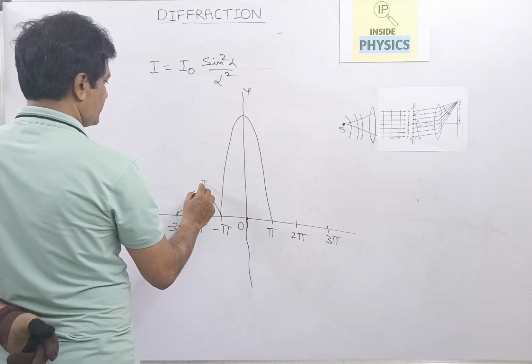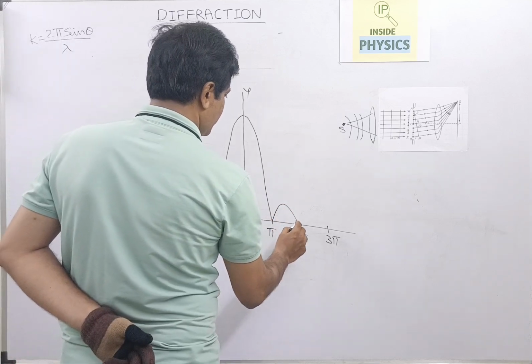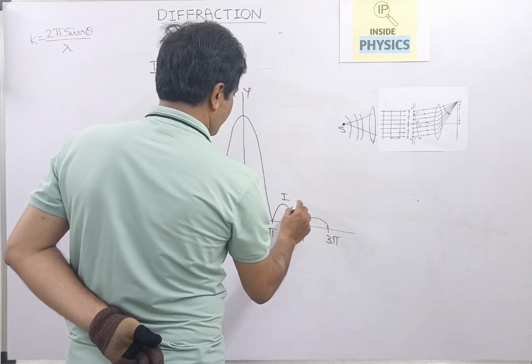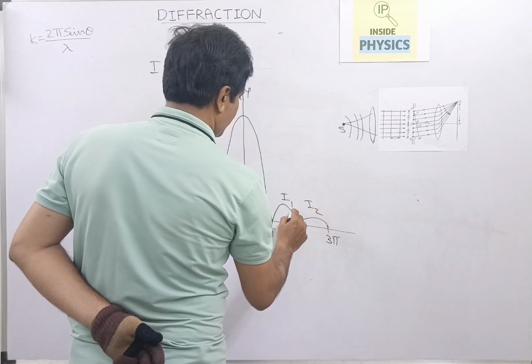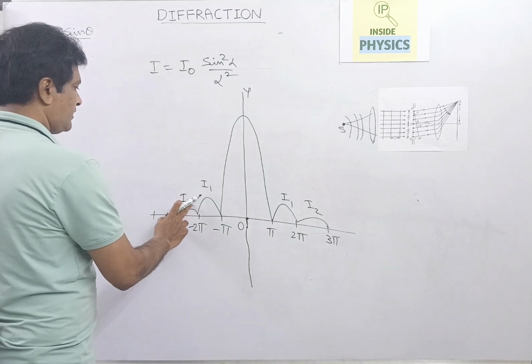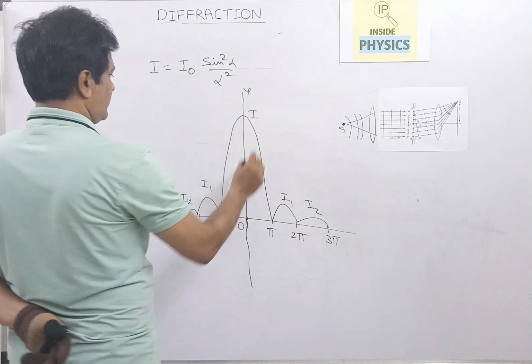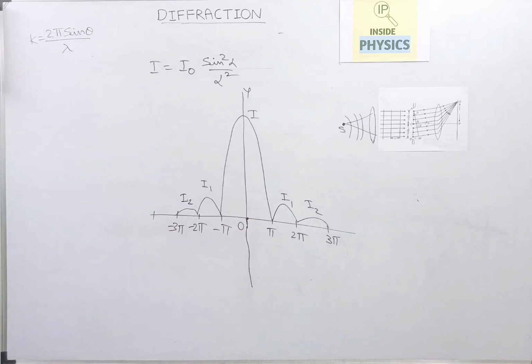This is the first order, this is the second order, and we also have the first order and second order on the other side. The second order may not be so intense or so clearly visible, but the central maximum is very visible because it has the highest intensity.